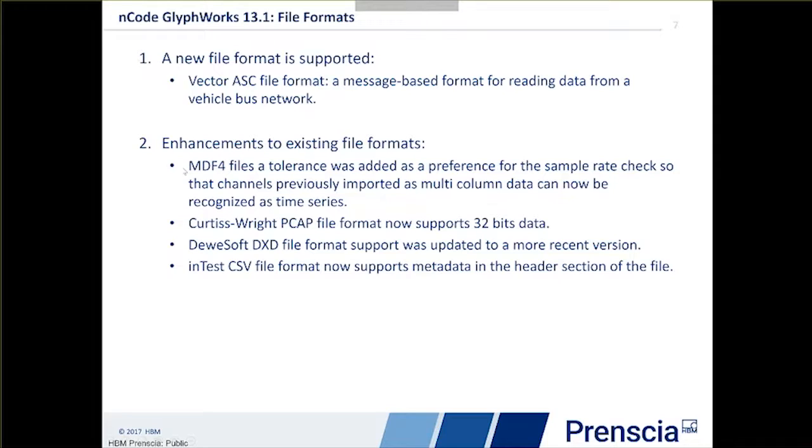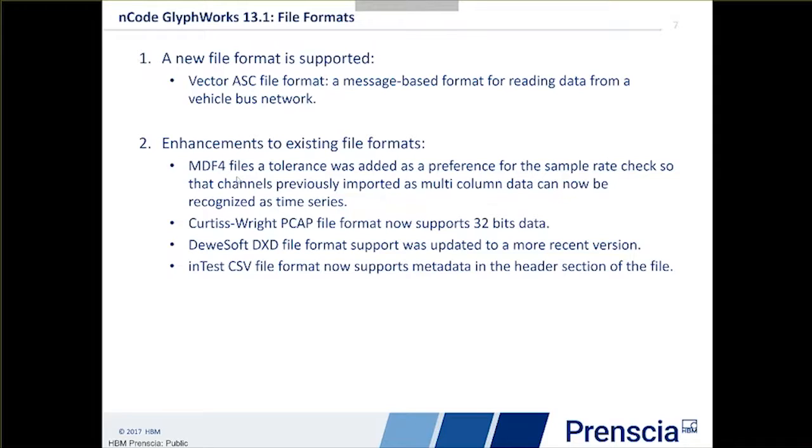Then existing file formats that we updated, first the MDF4 file format. For those of you who know Glyphworks and how it works, we distinguish between ISO-sampled data, considered as time series in the software, and time-stamped data, so non-fixed intervals, considered as multi-column.